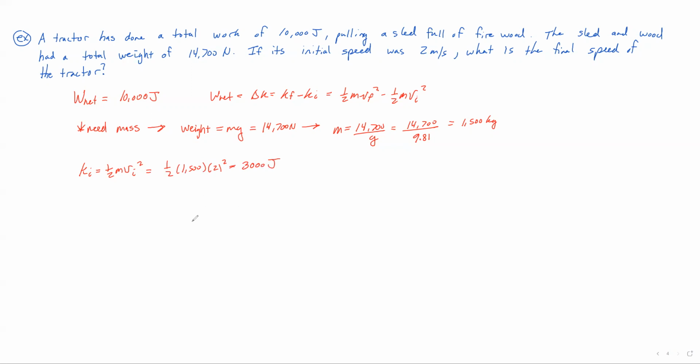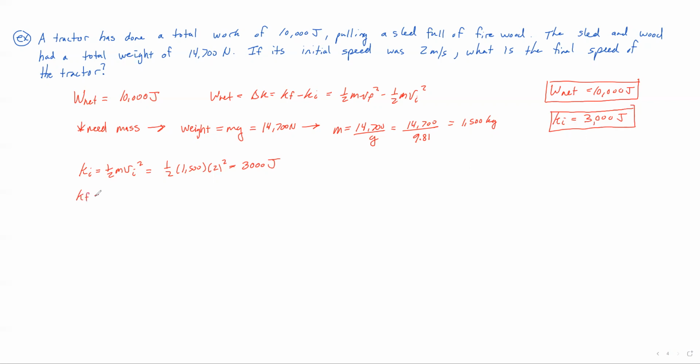So I'm going to write off to the side what we have just so it's clear, right? We know W net is 10,000 joules. I think that's a good way to do these problems. We know that Ki is going to be 3,000 joules. Okay. So now what do we have left? We have to get the final.